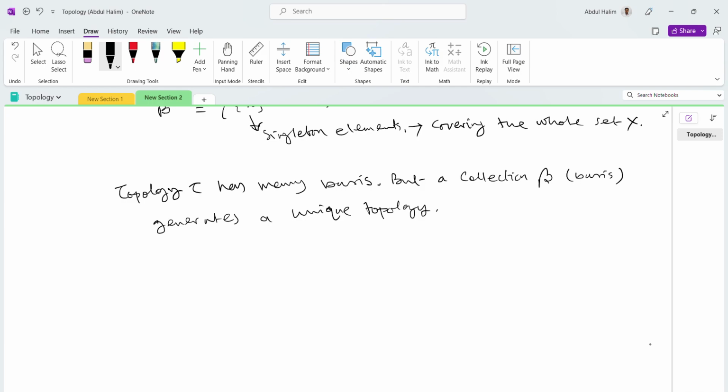Sometimes a trivial question may occur: the collection beta, a basis, can be a subset of the topology. Yes, it can be a subset of the topology.